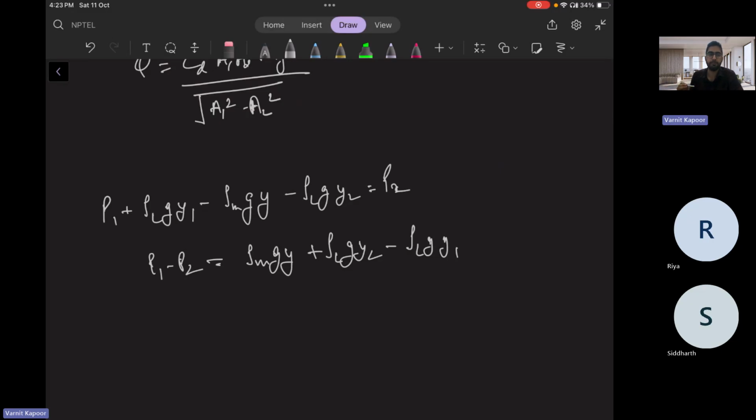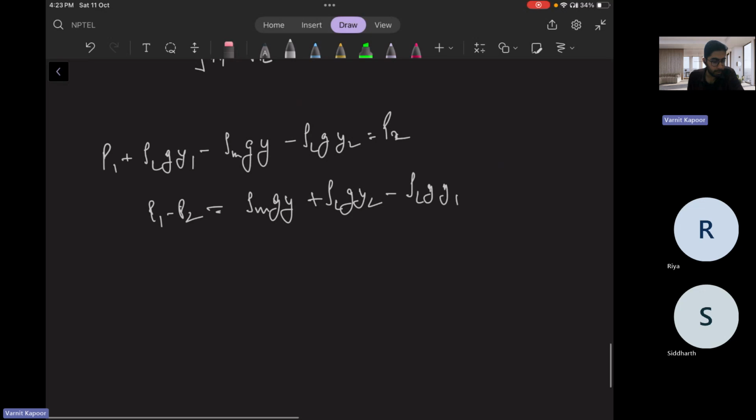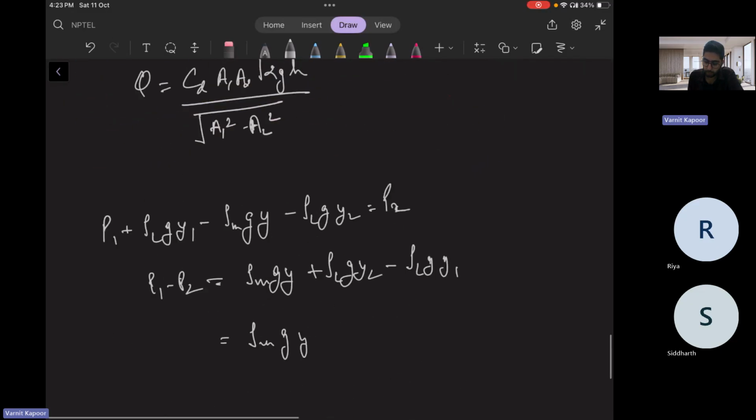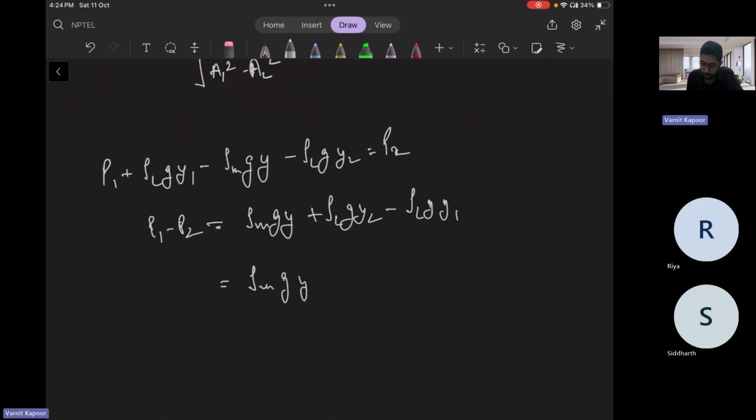M stands for the density of the manometric fluid, which is inside the manometer. So this will be rho M g y. What is y2 minus y1? I just wrote y1 minus y2 is y, so y2 minus y1 will be minus y. So if I take it this way, rho L g y, that is P1 minus P2.